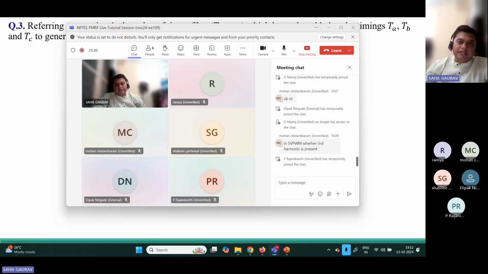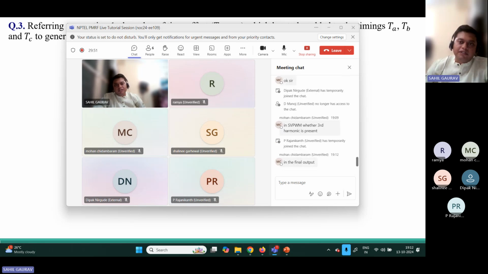So you have to see the output for SVPWM. I think a similar type of question is asked in the assignment problem also. Yes, we have to go through this SVPWM in detail.